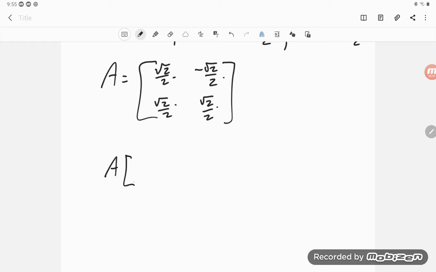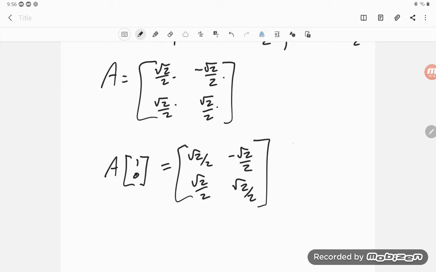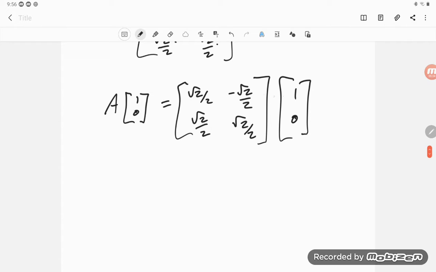And so then if I take A times the vector 1, 0. Okay, so that's my matrix with square root of 2 over 2, minus square root of 2 over 2, square root of 2 over 2, and square root of 2 over 2, all times 1, 0. Well, from what we just did with that previous remark, I know I just get the first column as my vector, right?